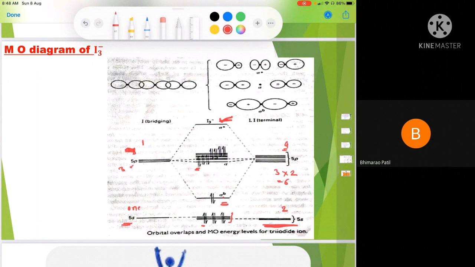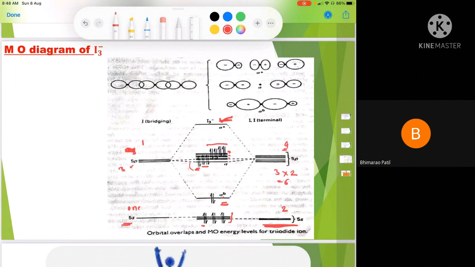Then these form 5 molecular orbitals. You see this is 2, 2, and 1 from this, the total becomes 6 non-bonding molecular orbitals.